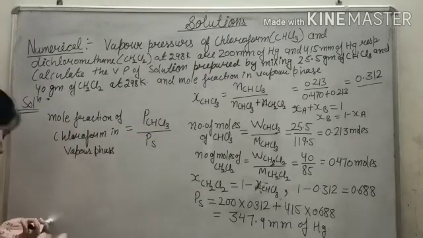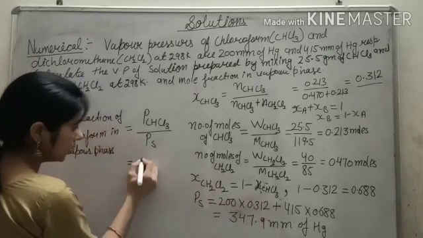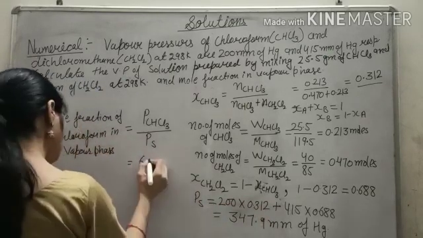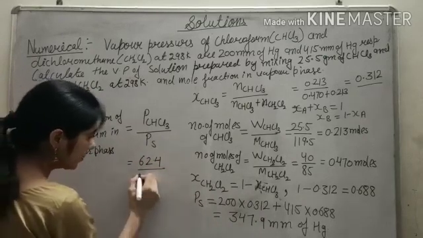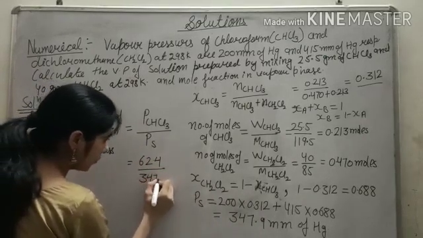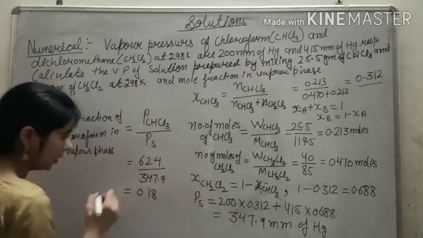The partial pressure of chloroform is 62.4, divided by 347.9, and it is equal to 0.18.